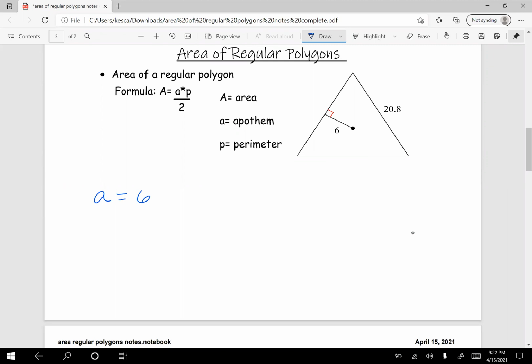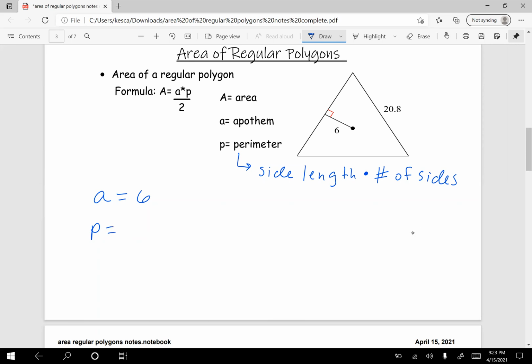And then my perimeter. To find the perimeter, you're basically going to take the side length and multiply it by the number of sides. So side length times the number of sides.